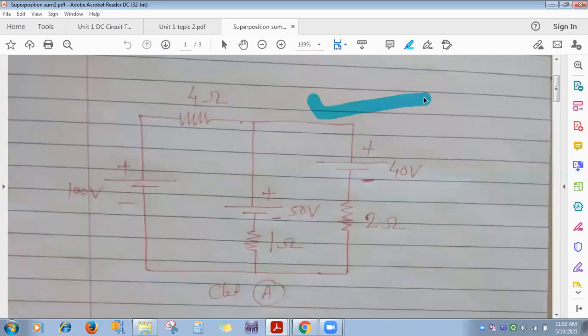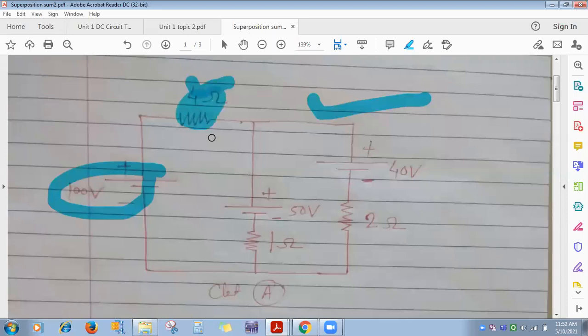Now, these circuits, which ones are included? Only linear and not non-linear. What do you mean by linear? It means if you are changing the value of voltage, the value of resistance remains constant. Even if you are changing a current source and its value, still the value of resistance remains constant.